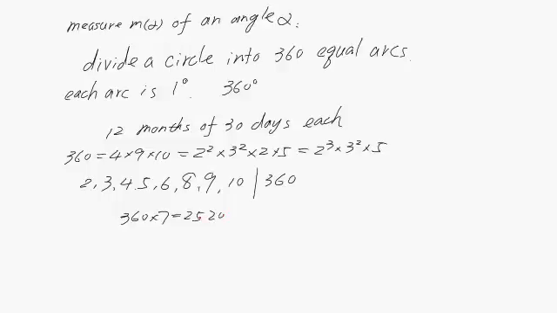It's not easy to use. So we go with all those first 10 natural numbers except 7, and then we use their least common multiple, and we get 360. So this is the reason why we use 360.